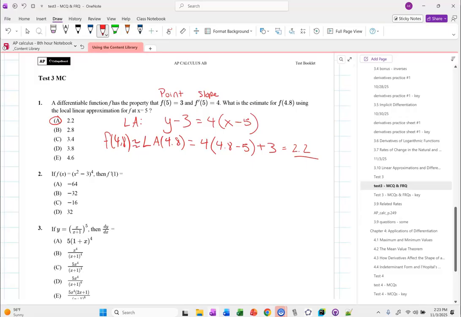What did I really do here? I wrote the equation for the tangent line of the curve, and then plugged in the value for x.